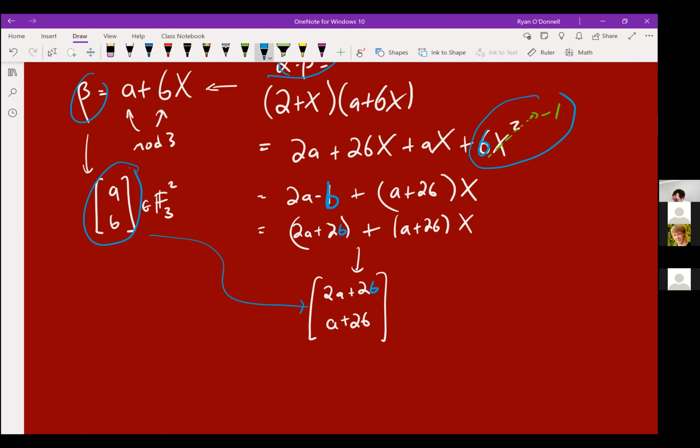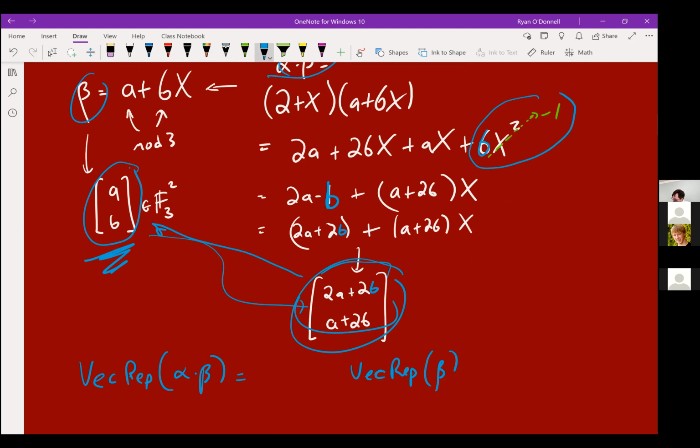So what has happened is that the vector representation of alpha times beta is, we took the vector representation of beta, which was this, and it turned into this. And the idea is that this is some matrix multiply of this.